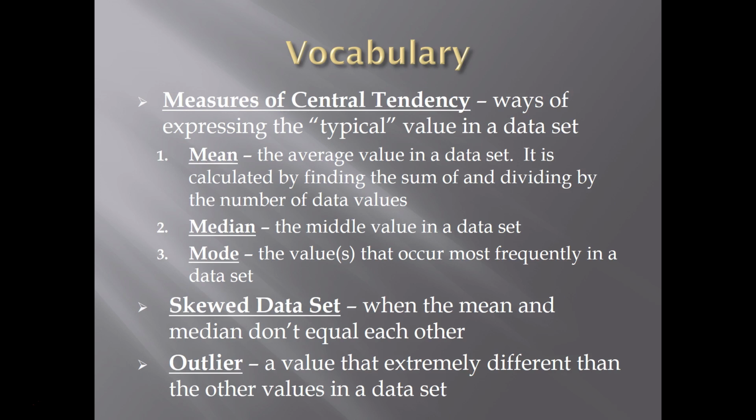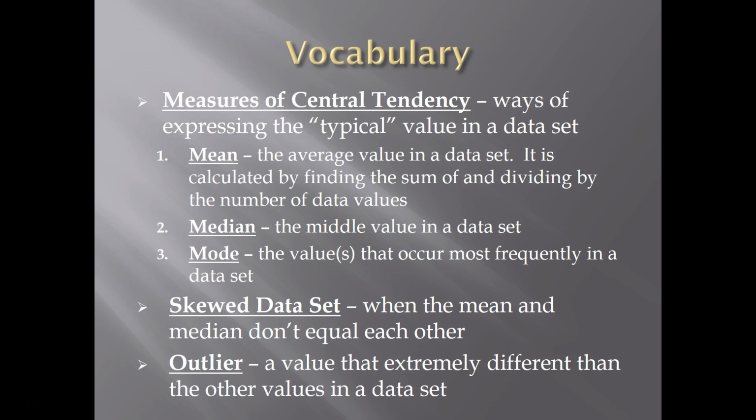The way you get the mean is you take all your data values and add them together, so you find the sum, and then you divide by how many data values you have. You count how many pieces of data you have, and then you divide your sum by that number. That's your mean.